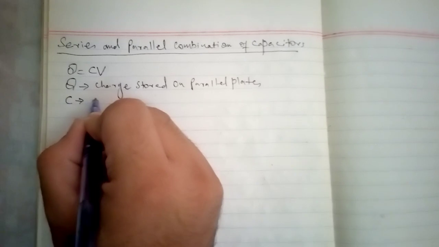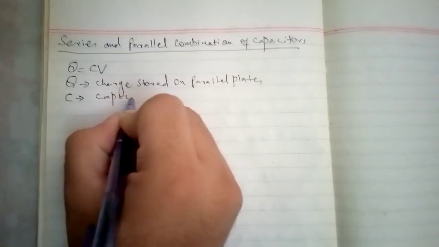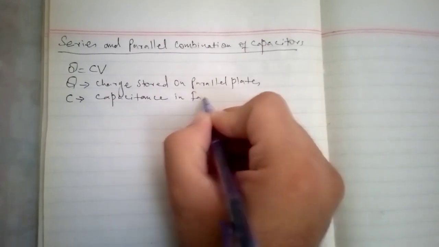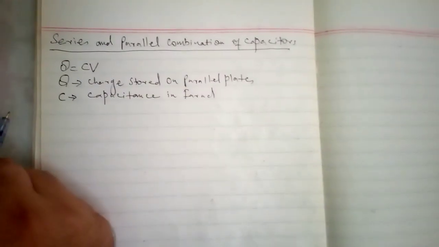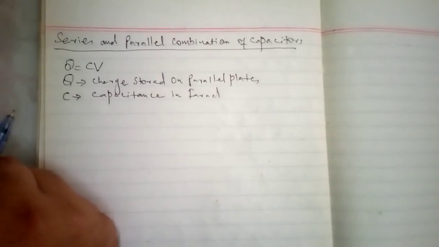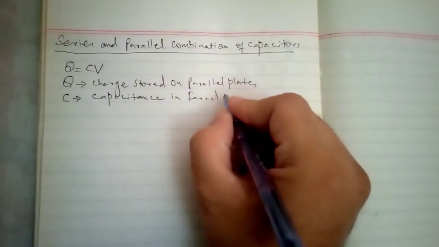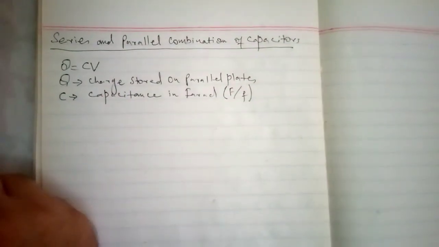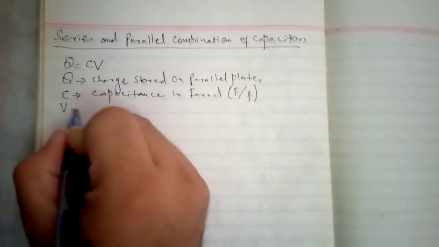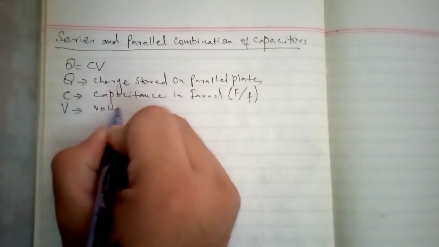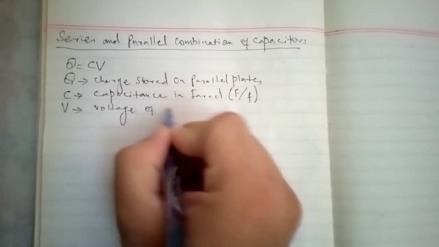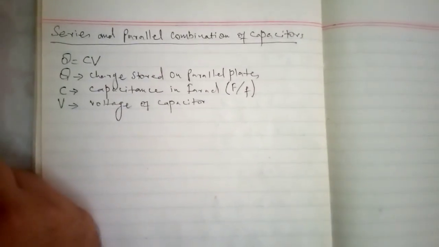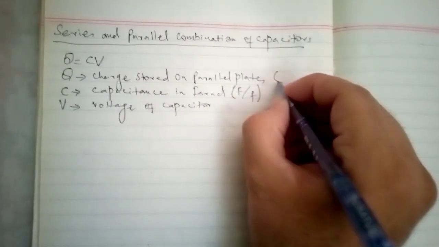C is the capacitance of capacitor in farad, because the SI unit of capacitance is farad, which can be represented by capital F or small f, and V is the voltage of capacitor. And you all know the unit of charge is coulombs.